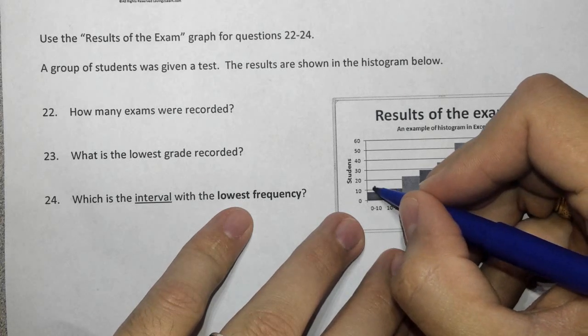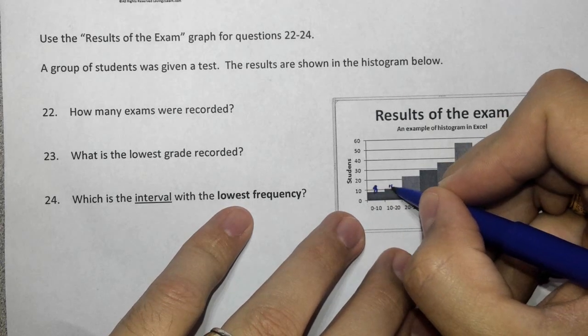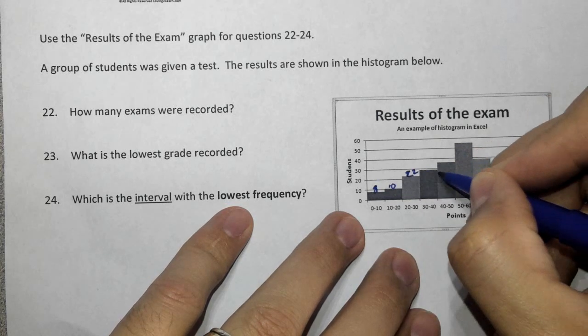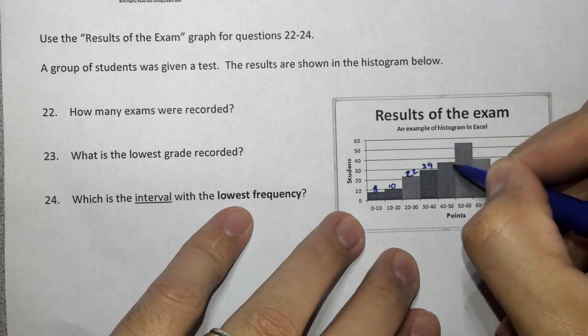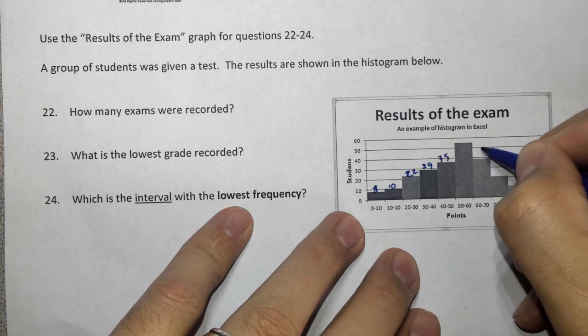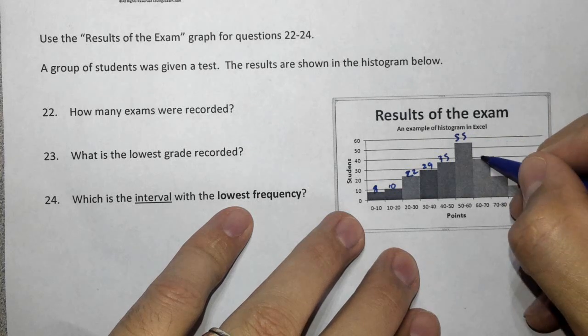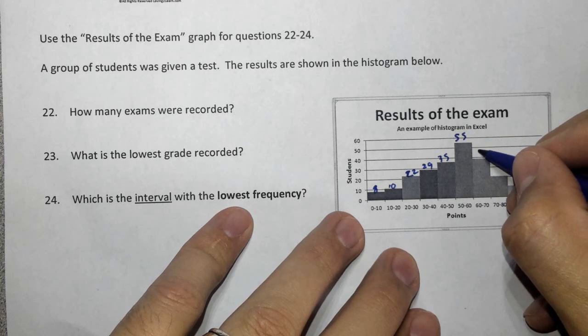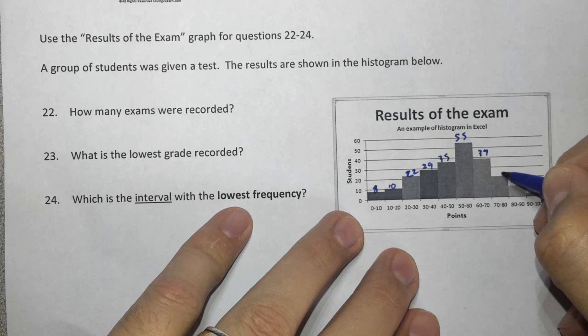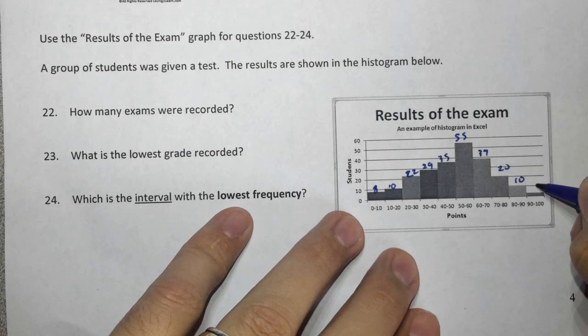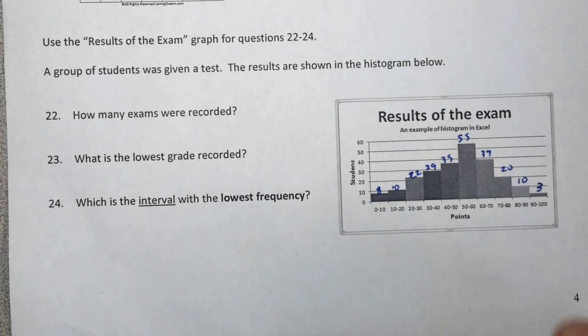Let's estimate 8, 10, 22, 29, 35. Let's go 55 for that one. This looks like 39. This looks like 20. This looks like 10. And this looks like 3.